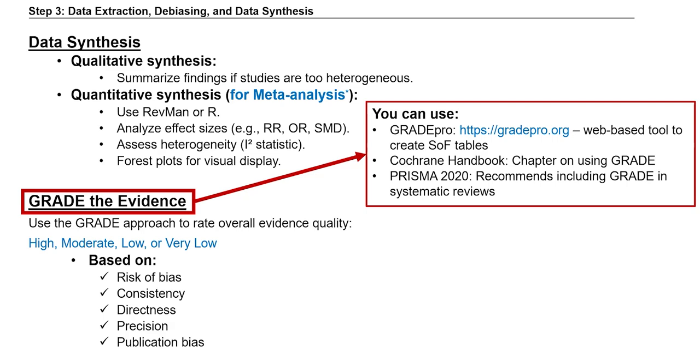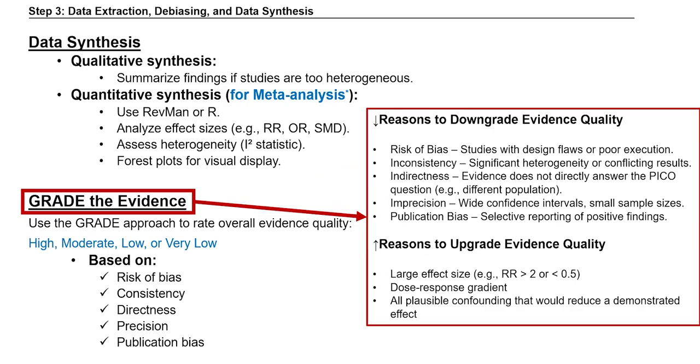In many of my systematic reviews, I haven't used grading because sometimes it's a bit hard to do, and sometimes there are inconsistencies. But if you have an expert in your team, I highly suggest grading the evidence. There are different reasons to downgrade or upgrade the evidence quality, as you might guess.